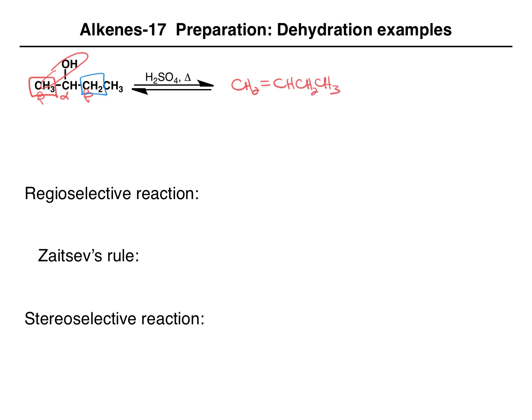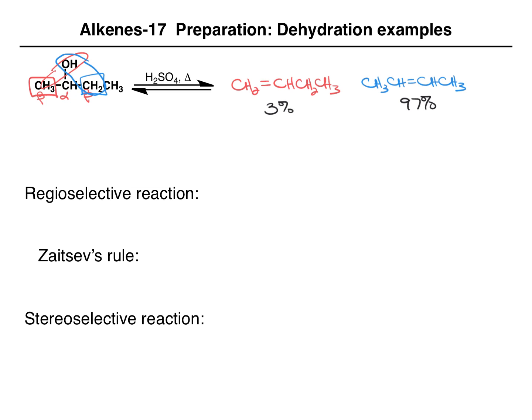But if we lose one of the H's from the blue beta position along with the OH, we are going to form this alkene. And so two different products are possible. For this particular reaction, these are formed in the amount of 97% compared to 3%.